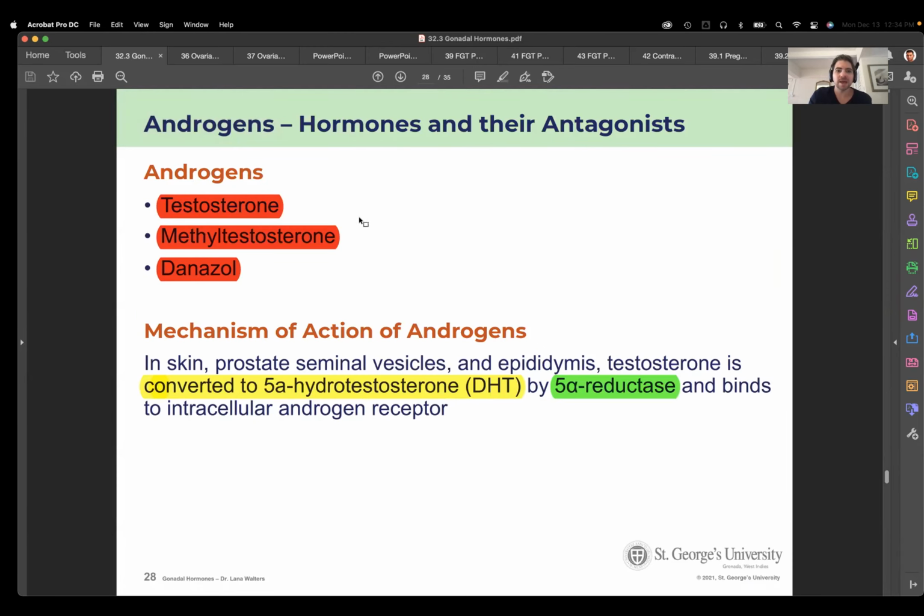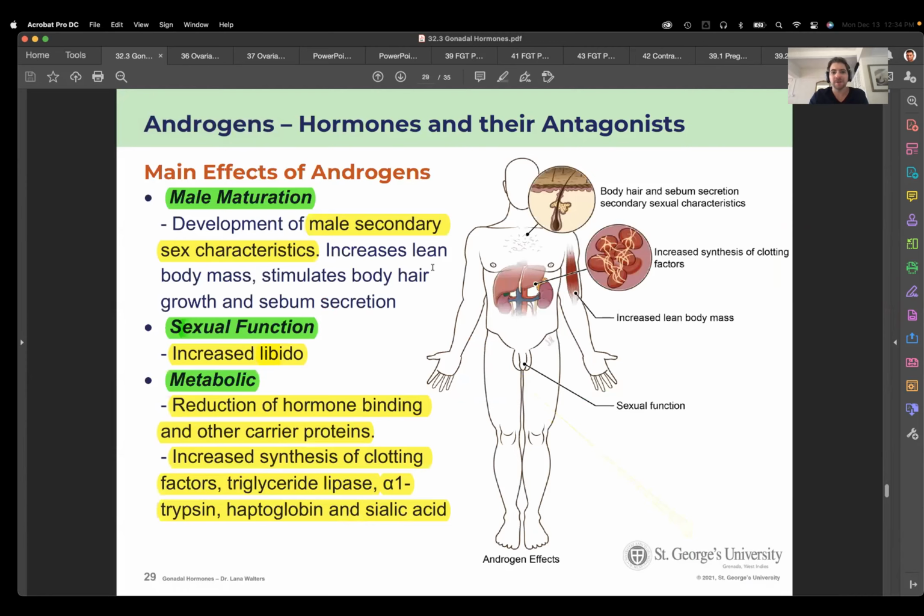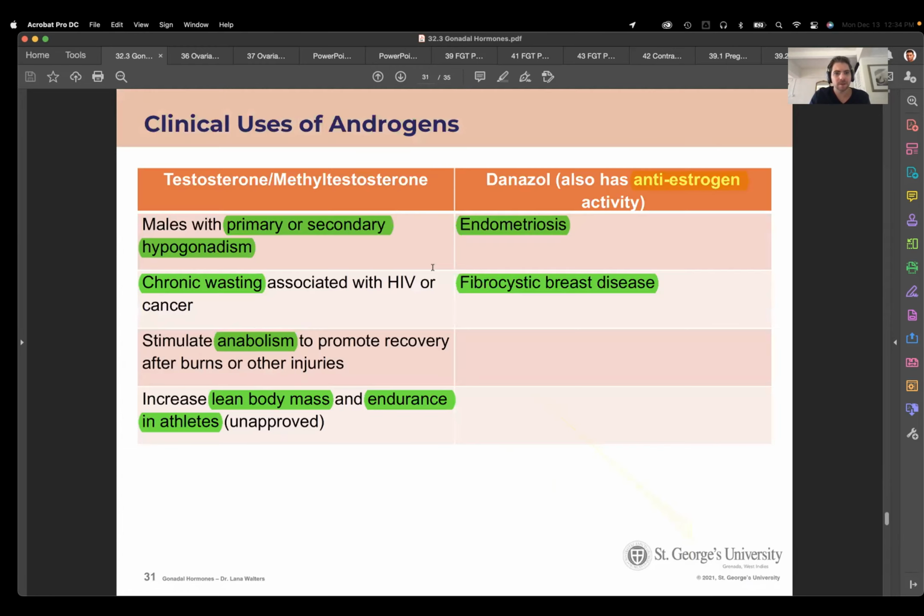Right here, we have androgens that can be used: testosterone, danazol. And we can convert, as we said, remember aromatase is important to get estrogens, 5-alpha reductase is important to get DHT. So if there's some problem with forming testosterone or non-development of secondary sexual characteristics, you can give androgen replacement therapy there.